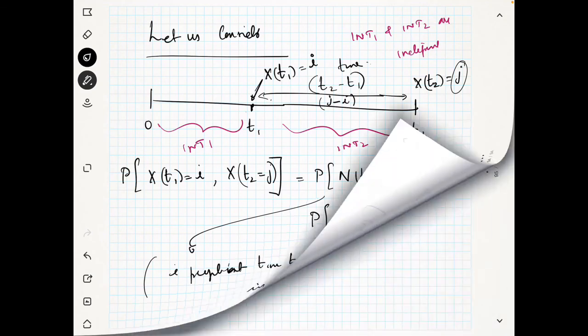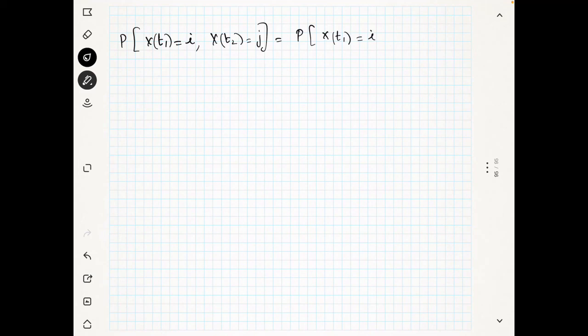So how to represent this? The probability of x of t1 equal to i and x of t2 taking the value j is nothing but the probability that the number of arrivals x of t1 is i, multiplied with the probability that x of t2 minus t1 is j minus i. We know the formula.